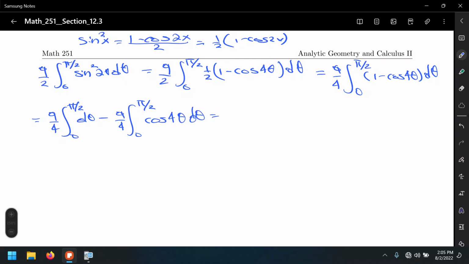And then, well, we can integrate the first term. That's the integral of d theta. That's just going to be theta times 9/4 minus 9/4 that multiplies the integral of cosine.